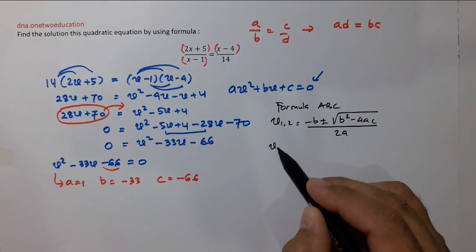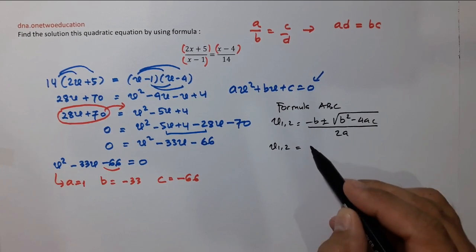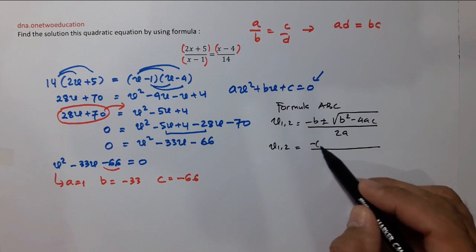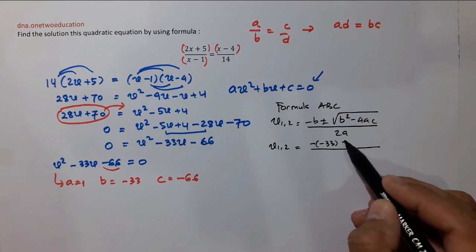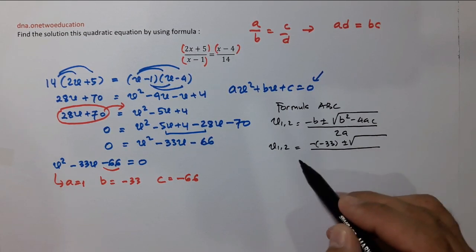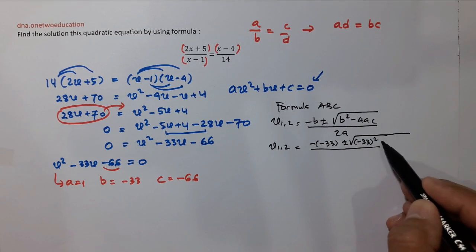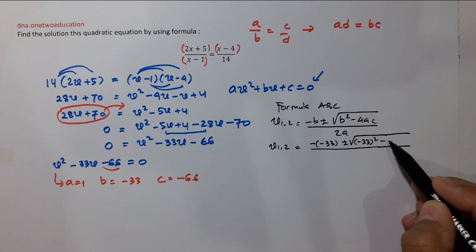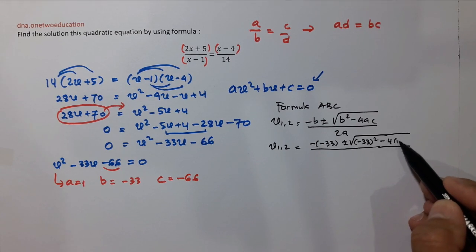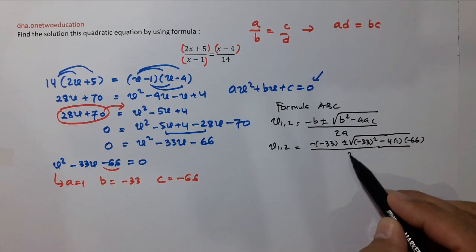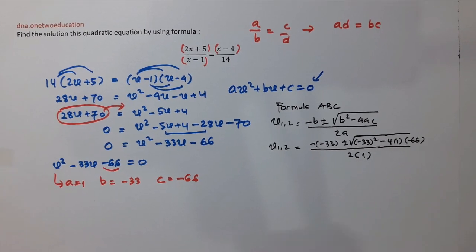So x1,2 equals minus b, is minus minus 33, plus minus root of b, is minus 33 squared, minus 4 times a, is 1, and c is minus 66, right? Over 2 times 1.